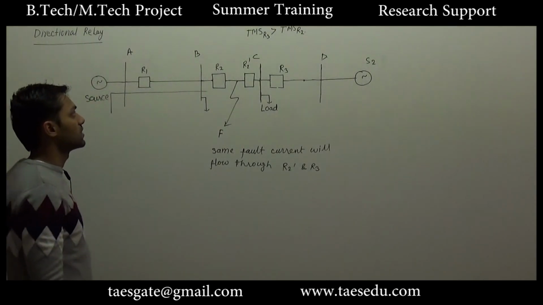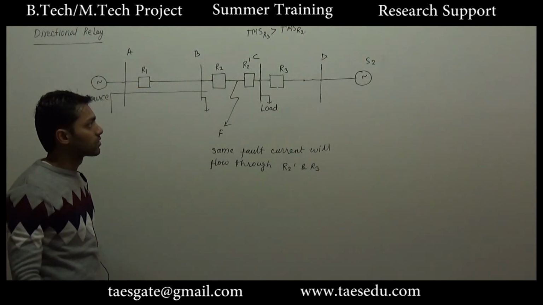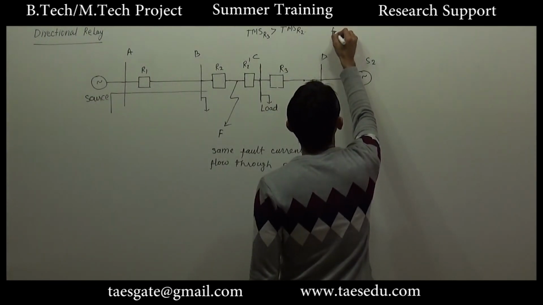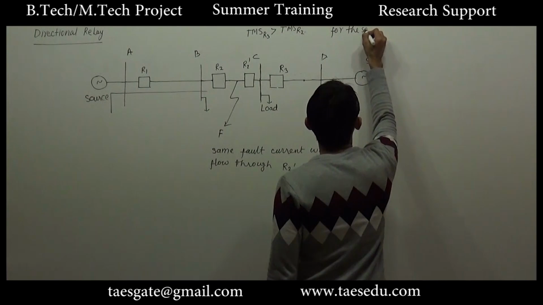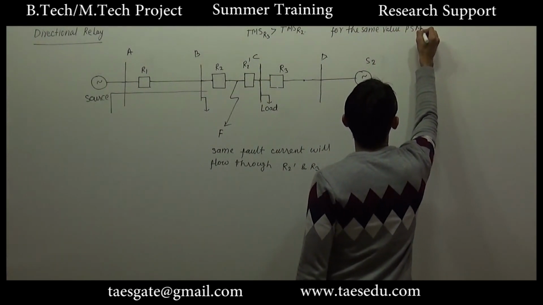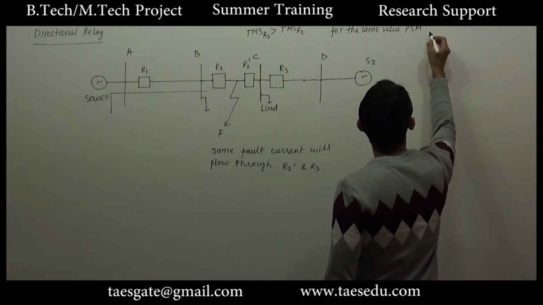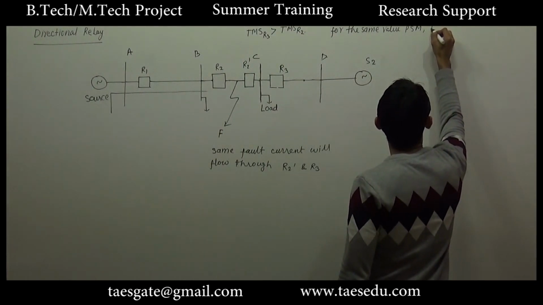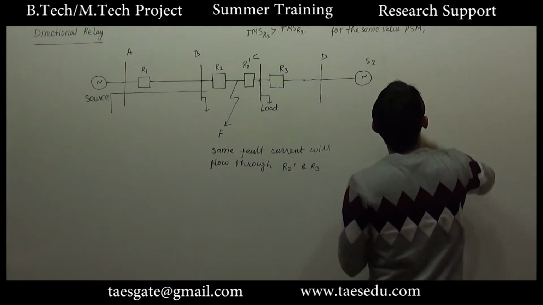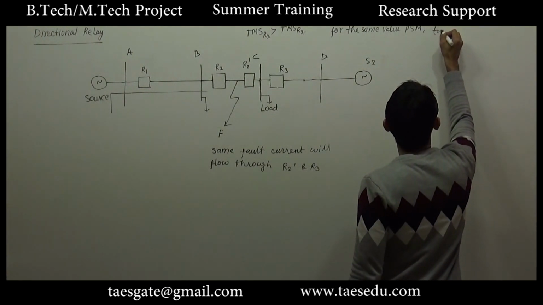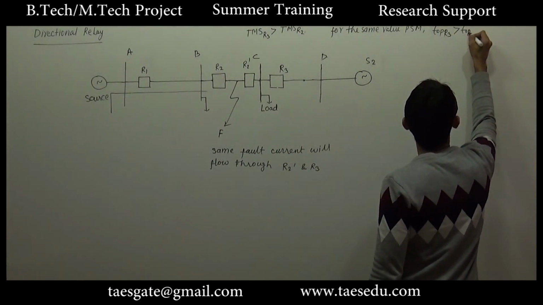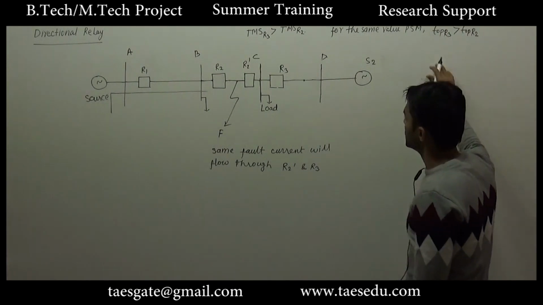If TMS of R3 is greater than TMS of R2, for the same fault current, or we'll say for the same value of PSM, the operating time of R3 will be greater than the operating time of R2. This we have studied in the previous lecture.